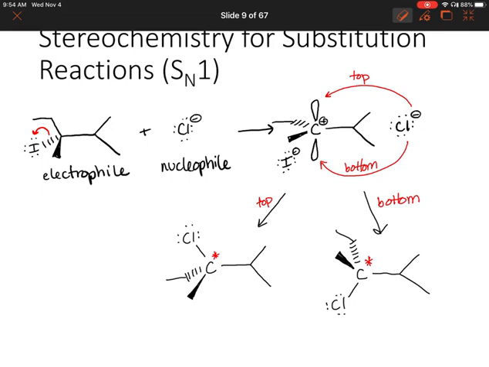All right, so let's assign R or S to each of these stereocenters. So let's start with the product on the left. Would that be R or S? And you can pause the video if you want to try that on your own.